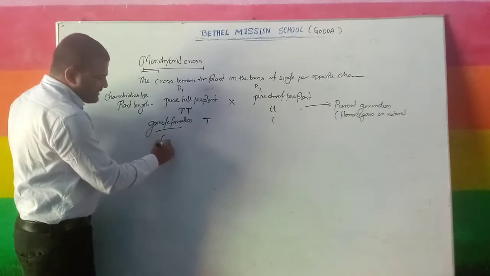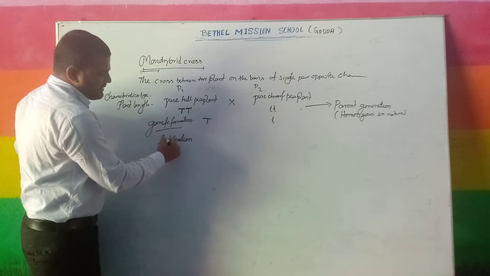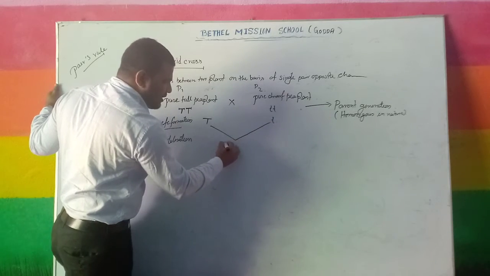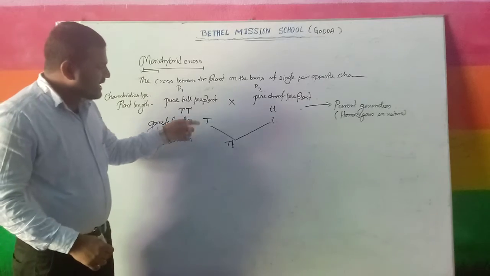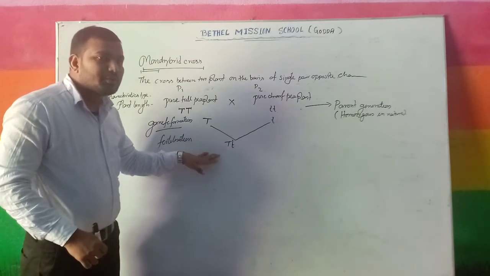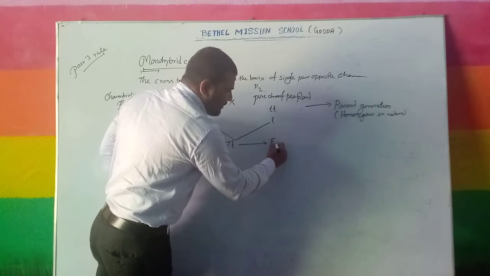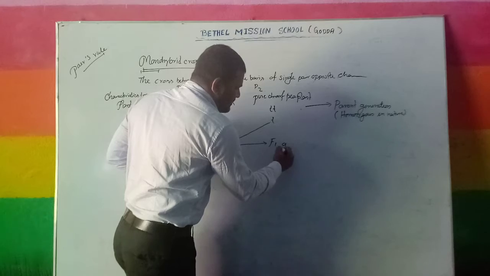Now, fertilization takes place. The capital T fertilizes the small t, forming capital T and small t. As a result of fertilization, they will produce the offspring. These are the first offspring, denoted by the F1 generation or the first progeny generation.